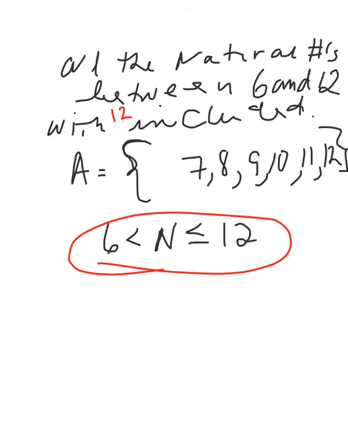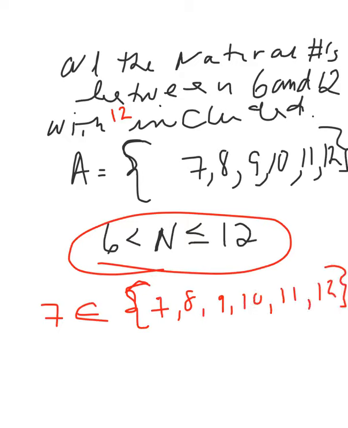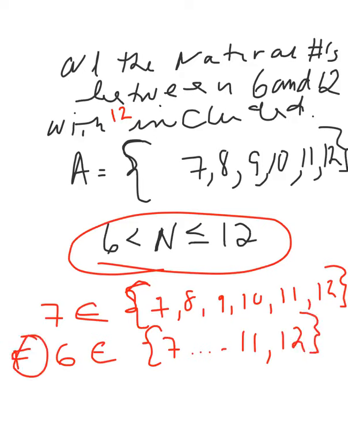I could ask you a question like this, true or false: 7 is an element of {7, 8, 9, 10, 11, 12}. That one would be true. But if I were to say 6 is an element of {7, 11, 12}, this one would be false because 6 is not an element of it.